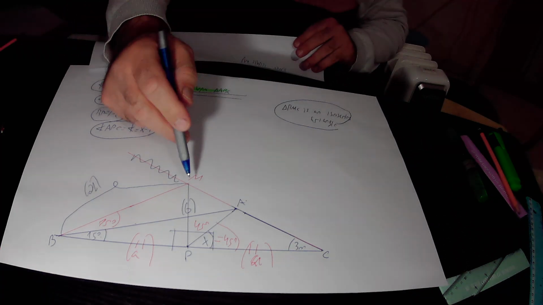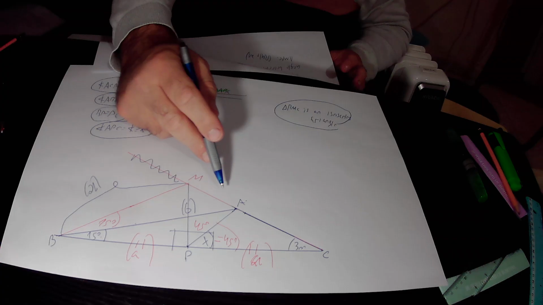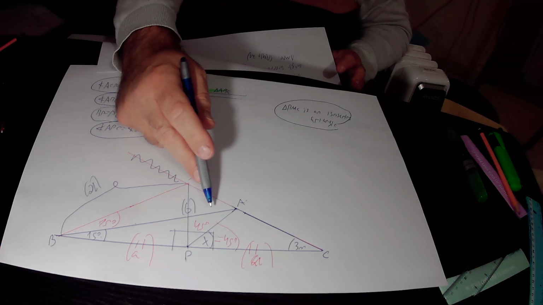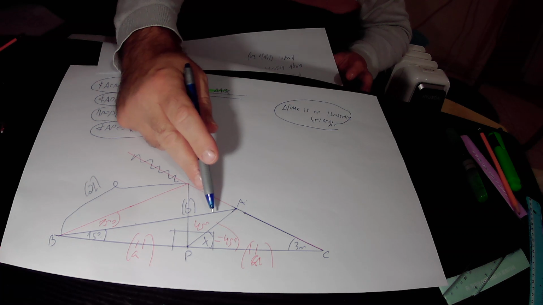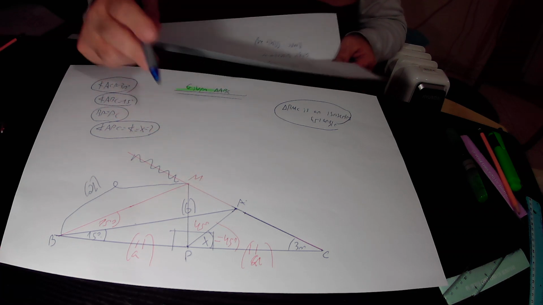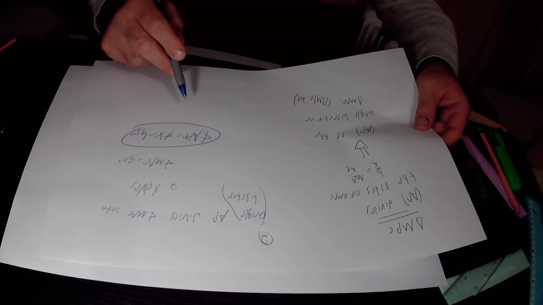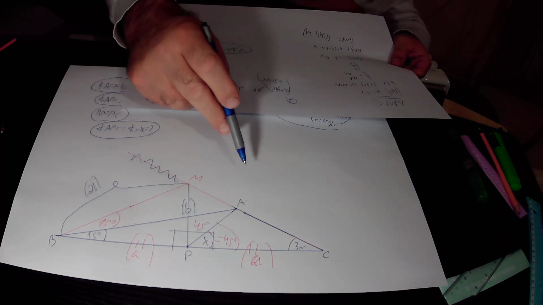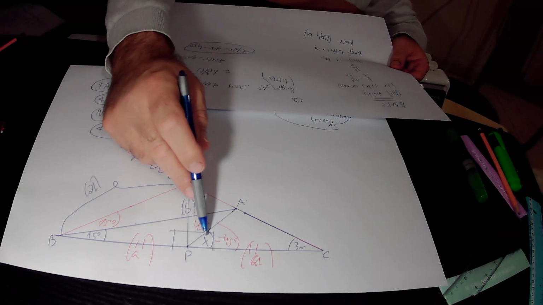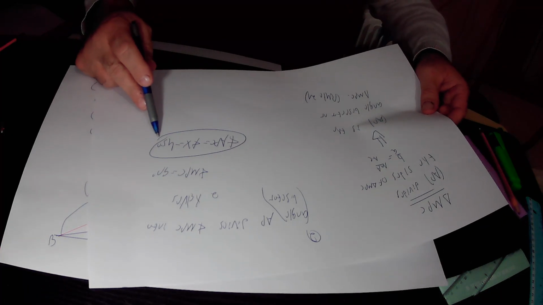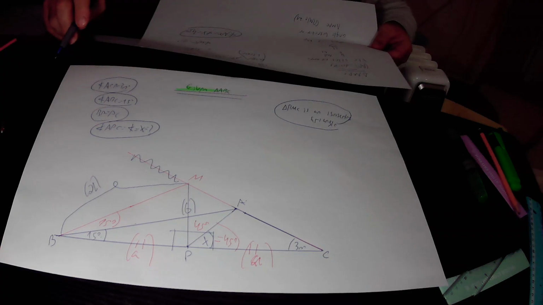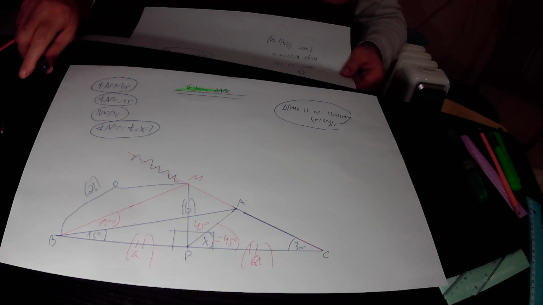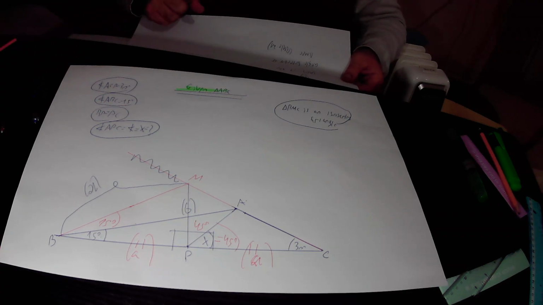The first half, MPA, is 45 degrees, and the second half, angle APC, is angle X, the angle that we are looking for in this question, equal to 45 degrees in size. So we finish the first question, and the next step is to repeat the solution of the second question.